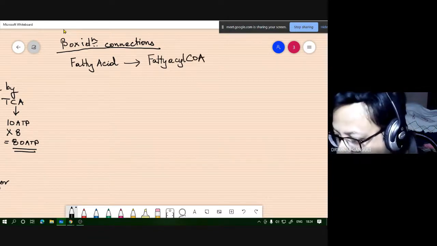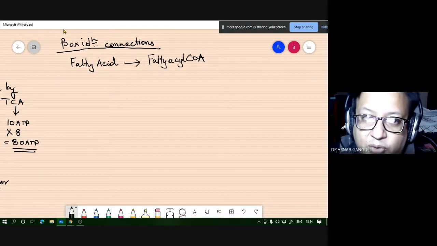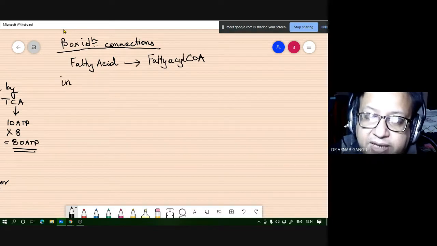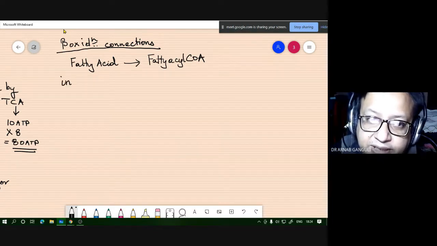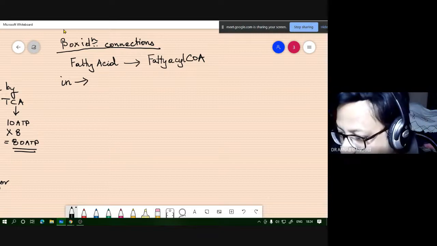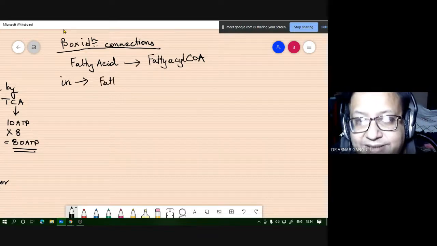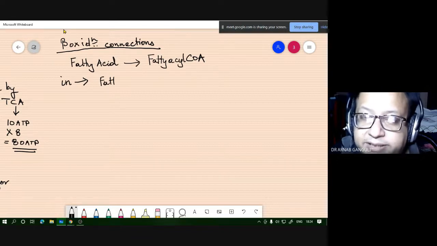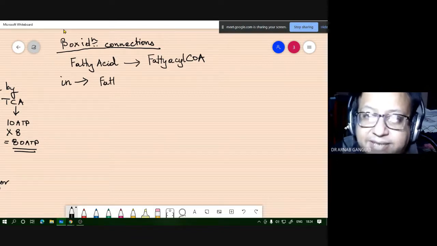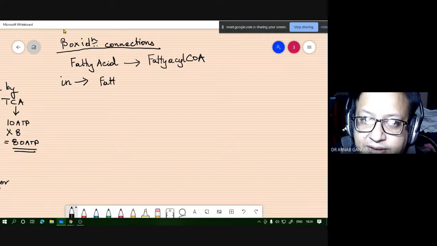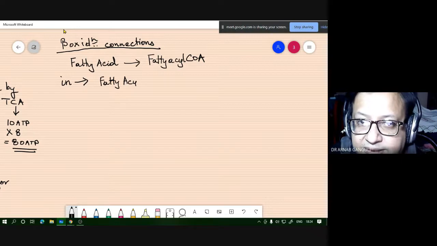This is the first conversion. Fatty acid as such will not be oxidized. It has to be converted into fatty acyl CoA. What goes inside the beta oxidation? Fatty acyl CoA.